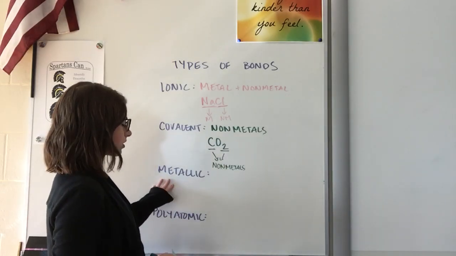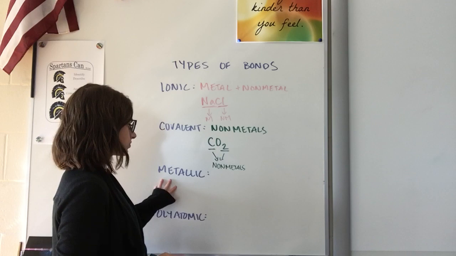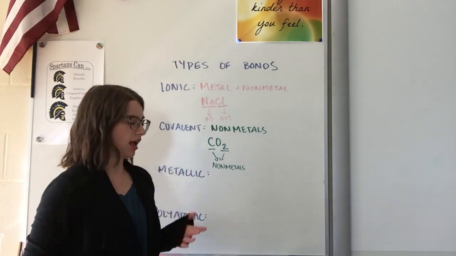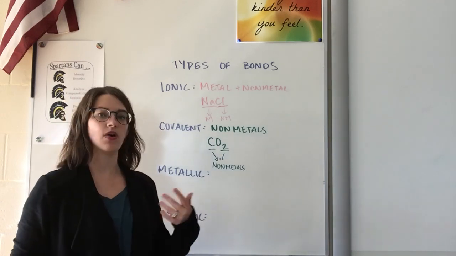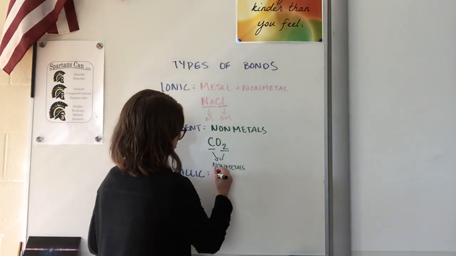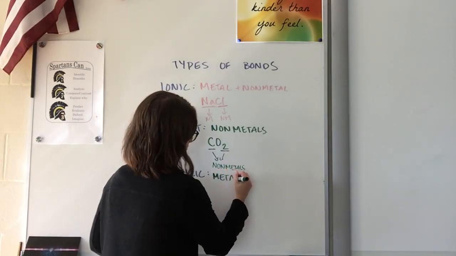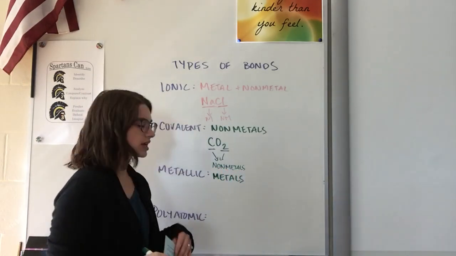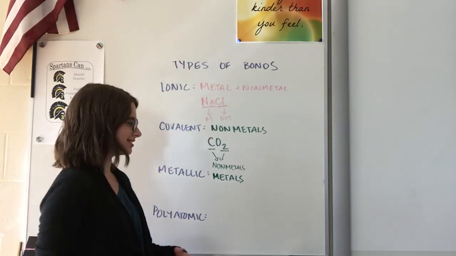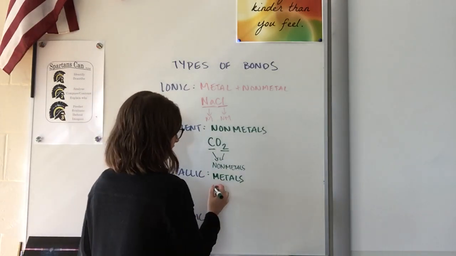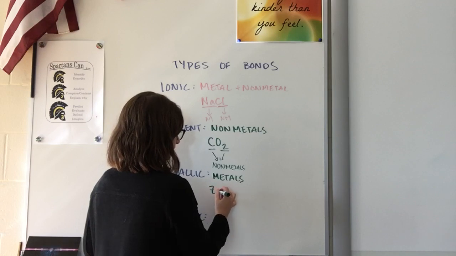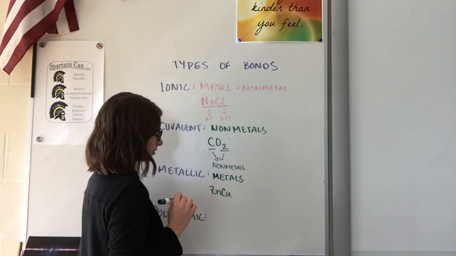The third major category of bonds or compounds we're going to look at are metallic. And metallic compounds are going to have only metals. Okay, so you can have multiple metals blended together. So say we have zinc and copper blended together.